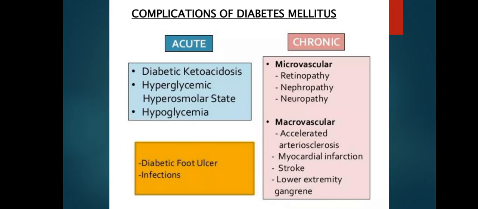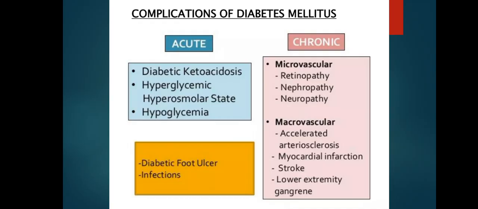What will be the complications if someone suffers from diabetes mellitus? In acute stages, the patient suffers from diabetic ketoacidosis, hyperglycemia, hyperosmolar state, hypoglycemia. The patient also suffers from diabetic foot or diabetic ulcer.